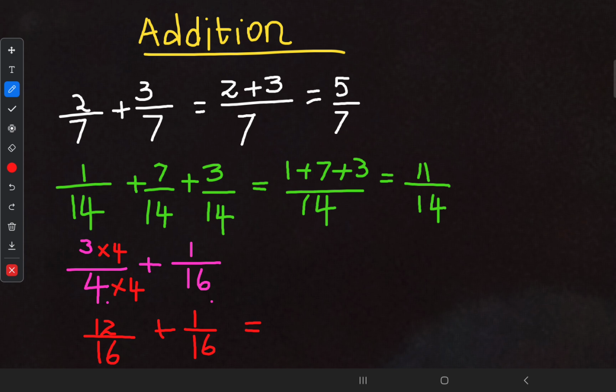Now both denominators are the same, so 16 is our common denominator. After that, let's add the numerator values: 12 plus 1, so 13 upon 16. 13 upon 16 should be your answer for this question.